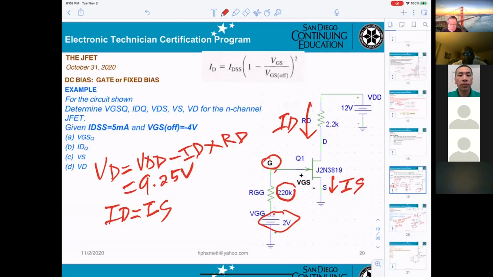That current times that RD gives you a value, and you take that value from VDD, and that's how you get the answer. Yeah, basically you're using the 1.25 milli times 2.2. Okay, got it. And from that answer, you subtract it from 12 volts, and that's how you get the 9.25. Okay. Thank you.